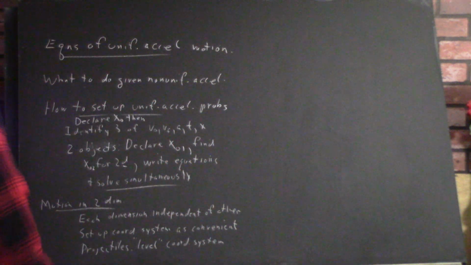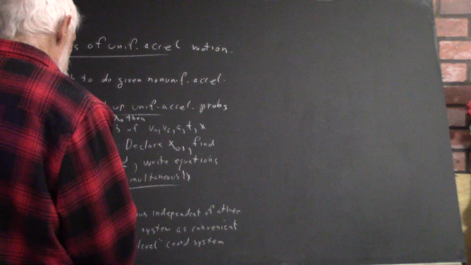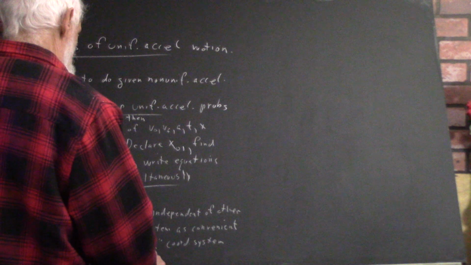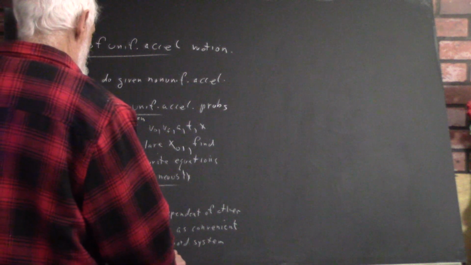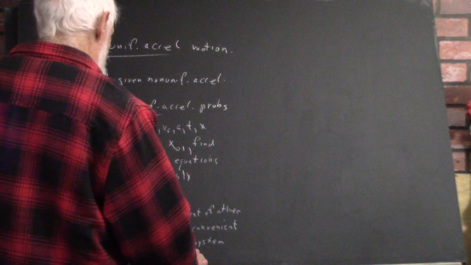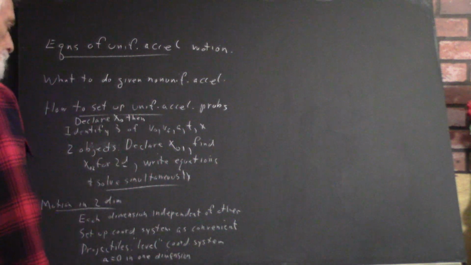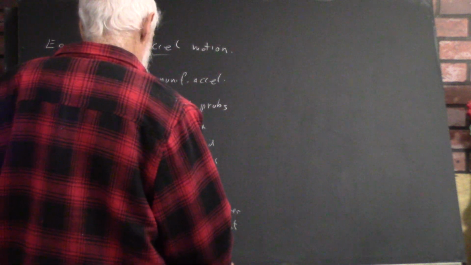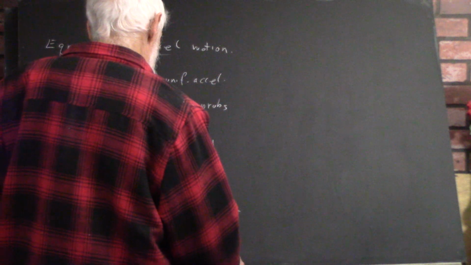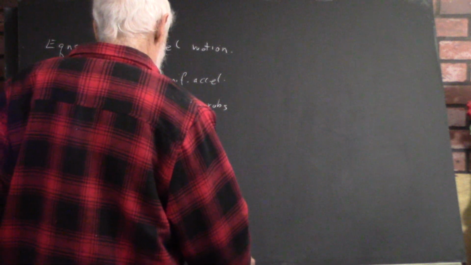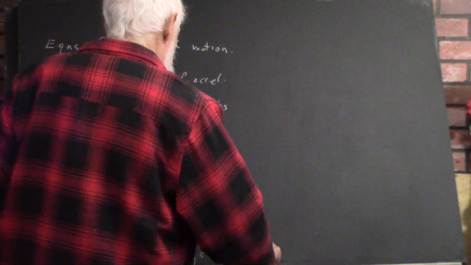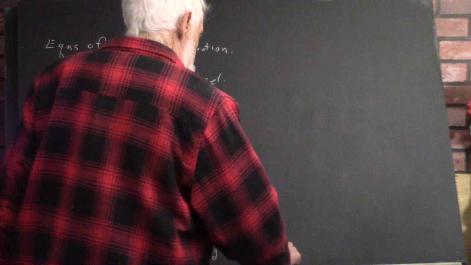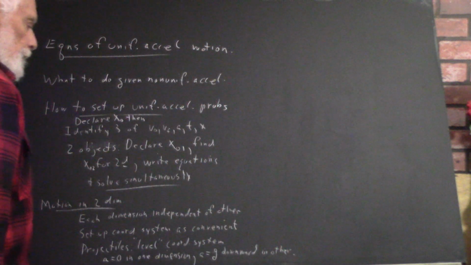You have a level coordinate system. A equals 0 in one of your dimensions. A equals acceleration of gravity downward in the other.